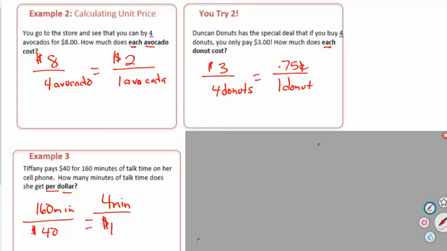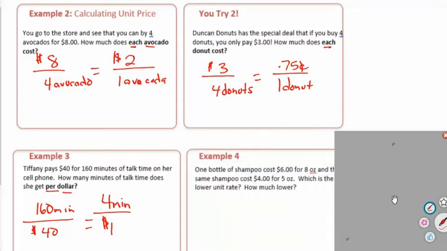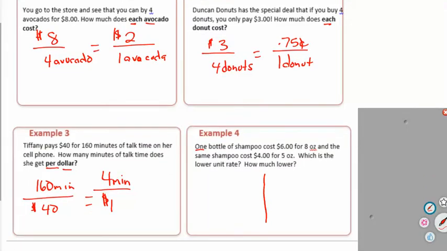Okay, all right, why don't you pause the video? Let's look at this one. You've got 2 things. We're comparing one bottle of shampoo and the second bottle of shampoo. I'll do this one with you. Which one is the better deal? Which one costs the least? So if I can buy $6 of shampoo and I get 8 ounces, or a bottle costs $4 for 5 ounces, I want to know which one is the better rate, which one costs less. So in order to do that, I want to know how much it is per ounce.